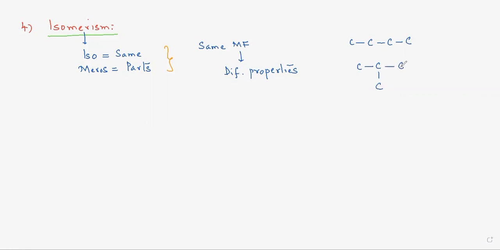There is a difference in chain. The first one has a straight chain, whereas the second one has a branched chain. Now they have a difference in the nature of the carbon chain, so we call them chain isomers. Got it? So that's how I have a very interesting discussion. This is a very big topic.